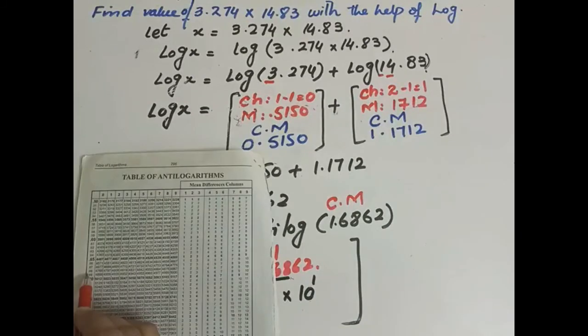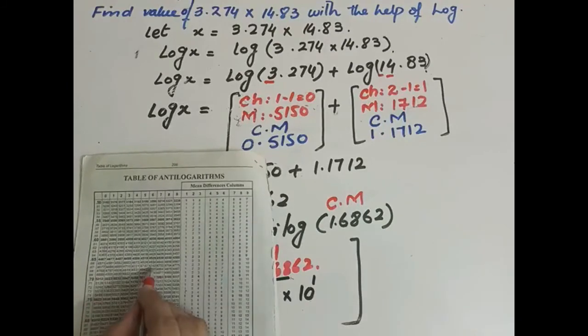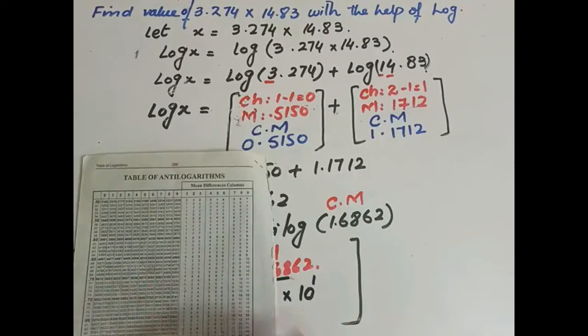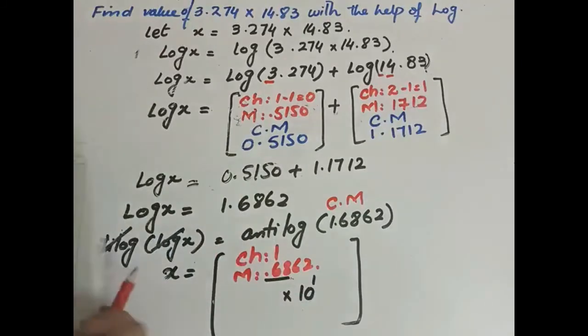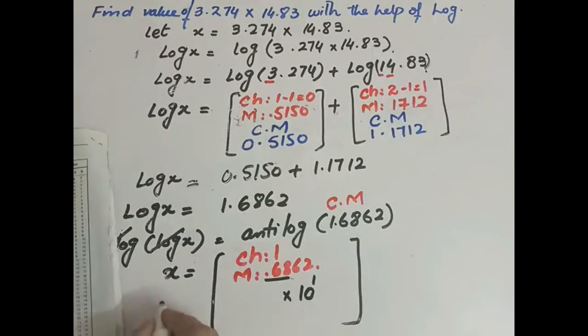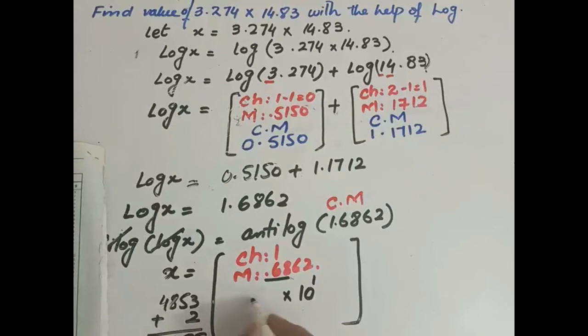Now in the anti-log table, I have to see 0.68 in the 6th column, that is 4853, and the value in the mean difference column 2 is 2. So I have to add them up: 4853 plus 2, so 4855.